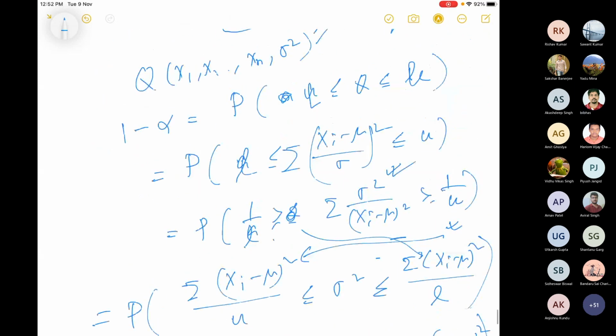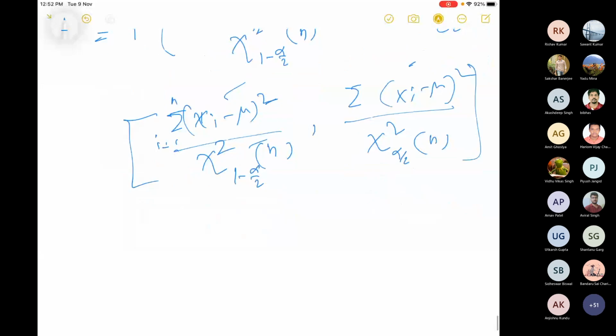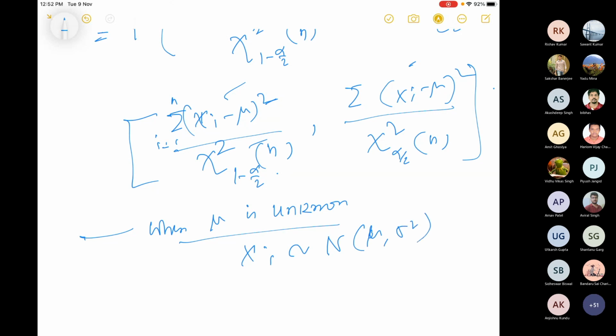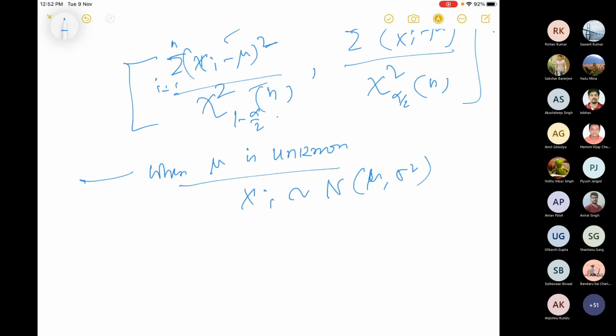So that is when mu is known, but mu need not be known. Now this case, when mu is unknown, and of course sigma square is unknown. I'm trying to find a confidence interval for sigma square, assuming the distribution is normal with mu and sigma square.